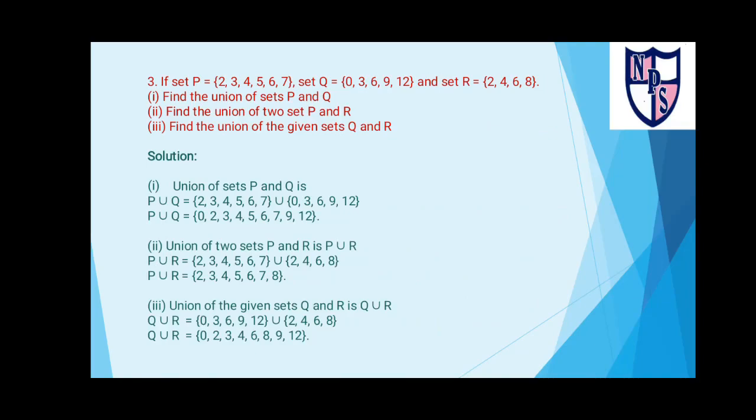Union of P and Q is the smallest set which contains all the elements of set P and all the elements of set Q. It means P union Q is 0, 2, 3, 4, 5, 6, 7, 9 and 12.